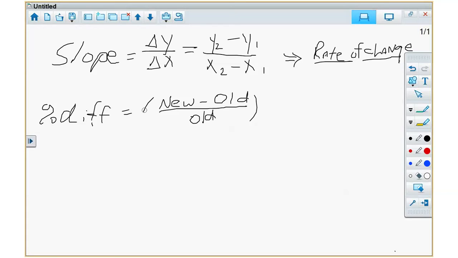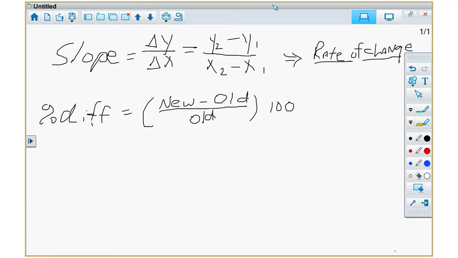That's your percentage increase or decrease. So you might want to put percentage increase or decrease outside of it. Again, that's pretty basic. In 2.1, they're calling over an interval. And you'll start to see the difference quotient down at the bottom of your notes on page 77. You start to see that.